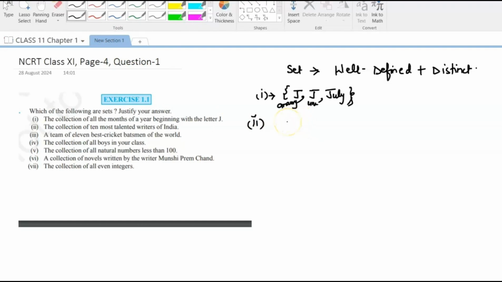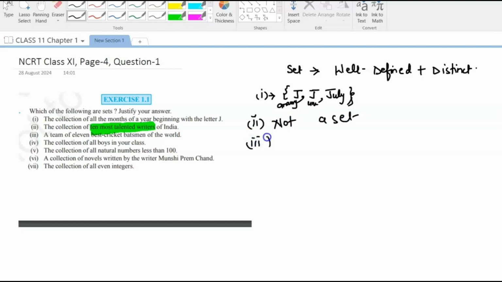Can you tell me the 10 most talented writers of India? I don't think so, right? Because it is not a well-defined property. 10 most talented writers is not a well-defined property. So since this is not well defined, it is not a set.